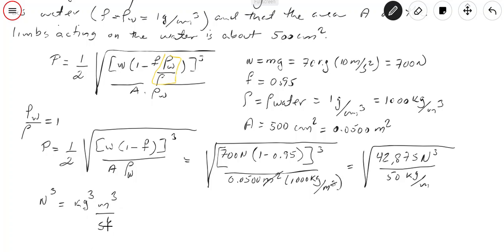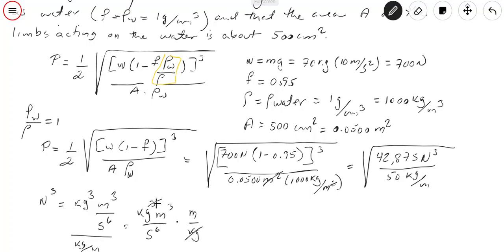Now if we divide that by kilogram over meter, it is the same as multiplying by meter over kilogram.